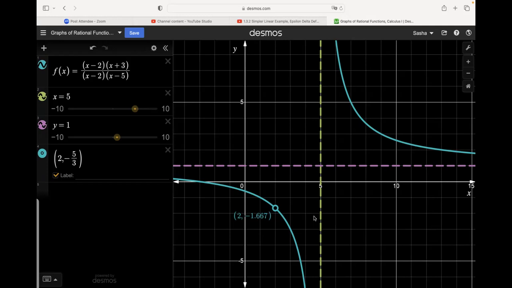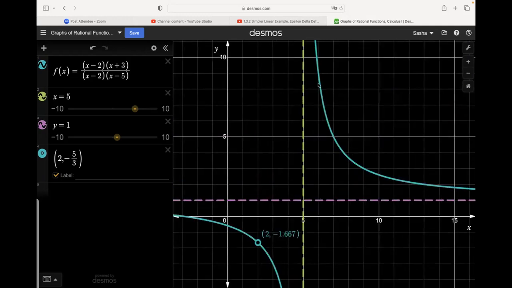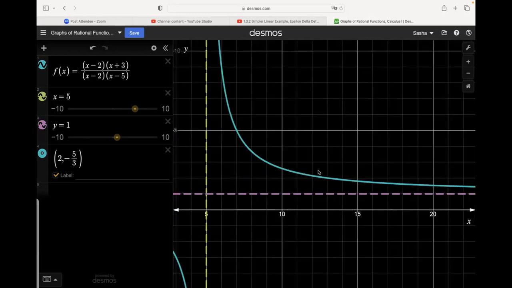And then as x goes to positive 5 from the left, the y values go to negative infinity. And as x goes to positive 5 from the right, the y values go to positive infinity. Now, when we talk about horizontal asymptotes, we're saying, well, what happens to this function as x goes to positive infinity? So as x gets very, very large, what do the y values approach?